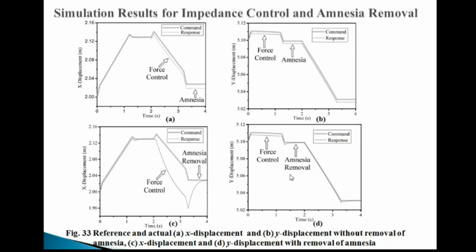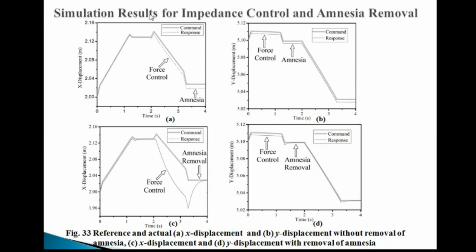And in the first figure, it is shown that initially the reference trajectory is exactly tracked, that is the point G moves from point A to B, but during this time force control is also done in y direction, so there is some difference in the command and response.